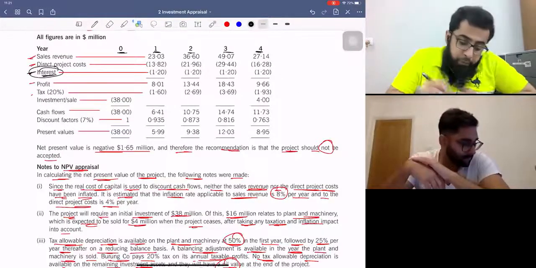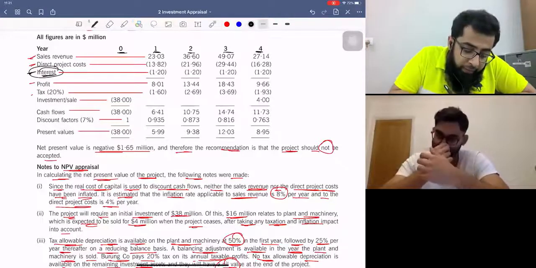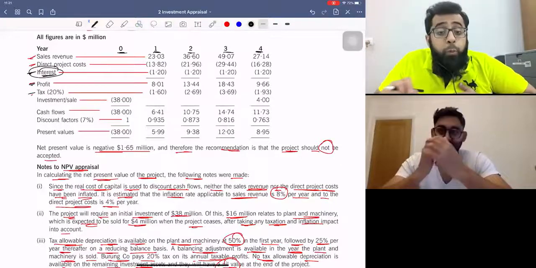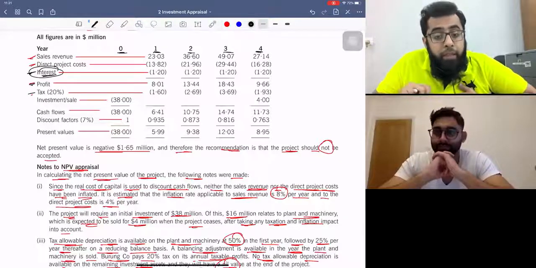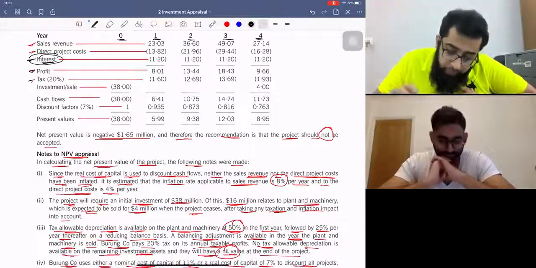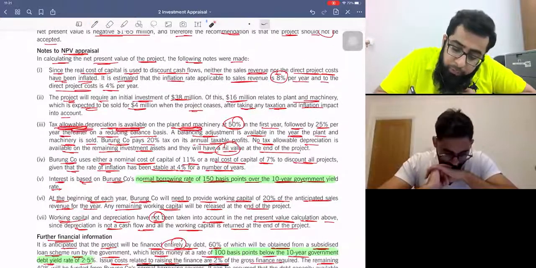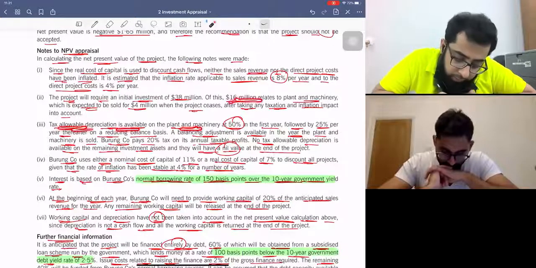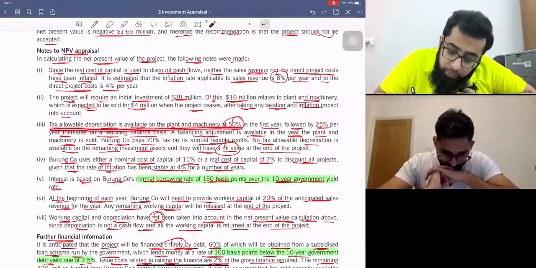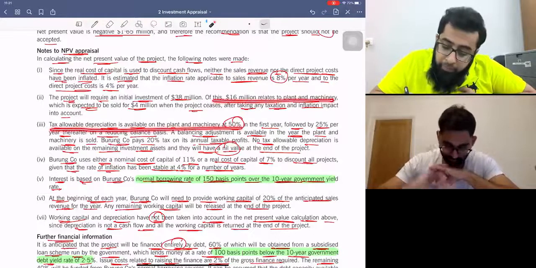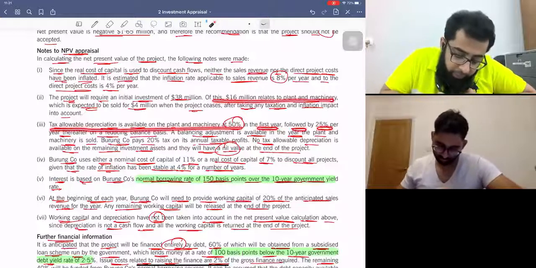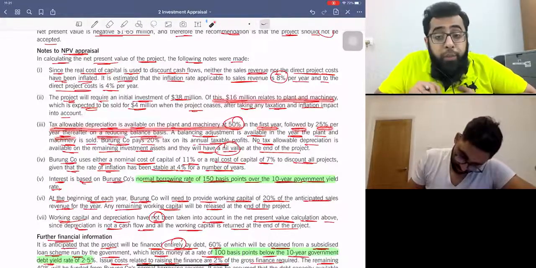Then he arrived at the profit and then he included the tax. So what we will do is we will first include the capital allowance. Now, the tax allowable depreciation is available on plant and machinery, which is $16 million. 50% in first year, followed by 25% per year thereafter on reducing balance.